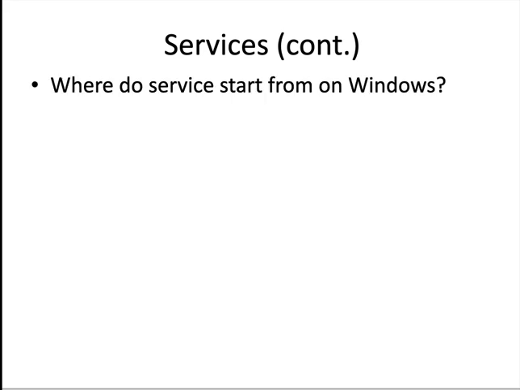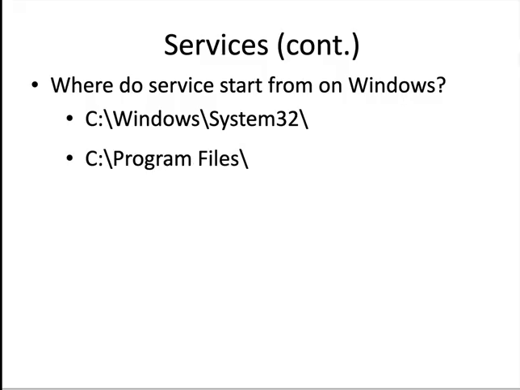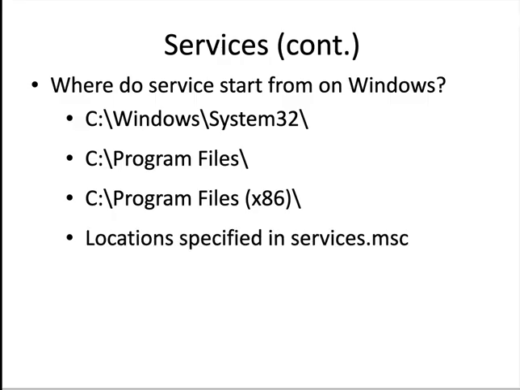For Windows, we kind of have the same thing. They can start from the System32 directory. They can be started from Program Files. They can be started from Program Files (x86). And then you can specify other locations in the services applet as to where these services are starting from.